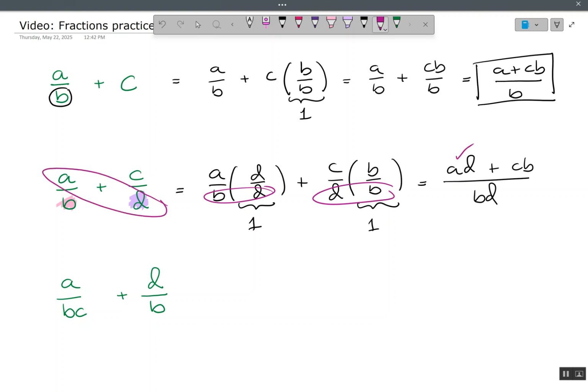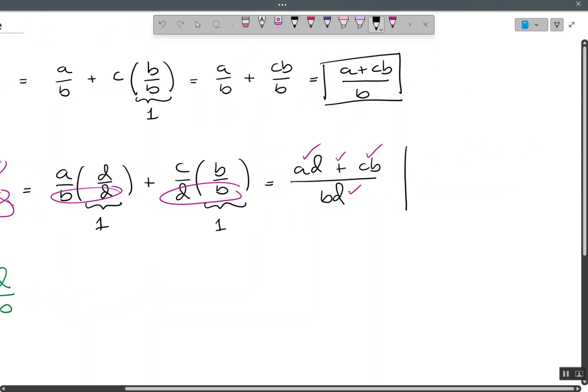AD plus BC all over BD. And over here, I don't know if to you that looks like a butterfly, but that's why it's called the butterfly method. So maybe that's worth just another little example.